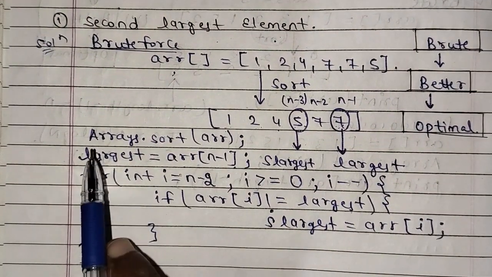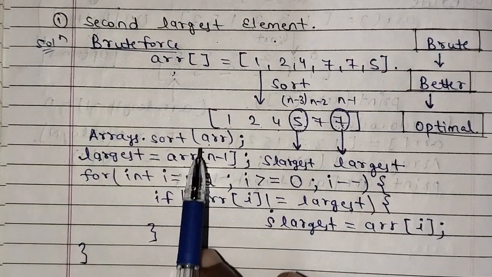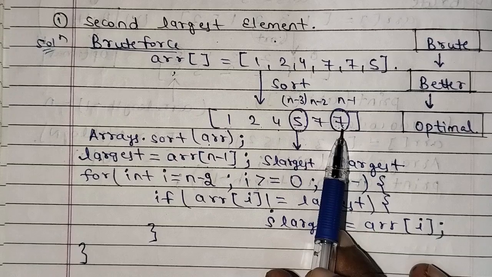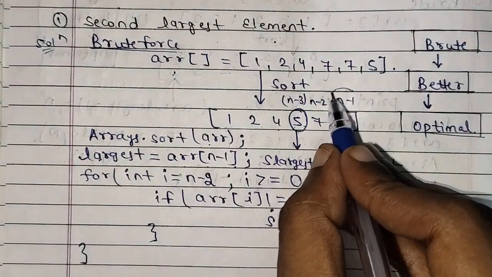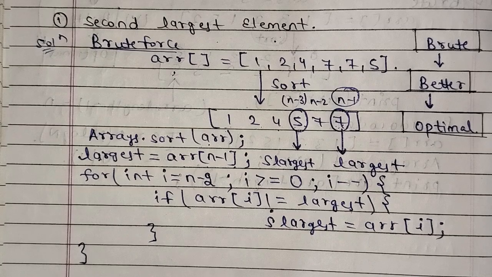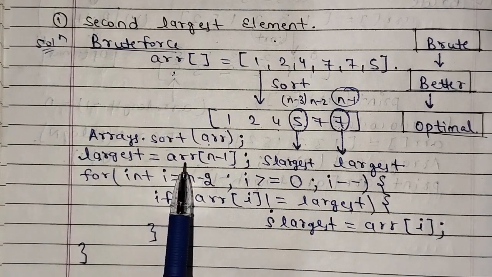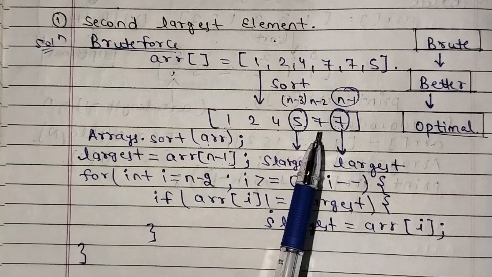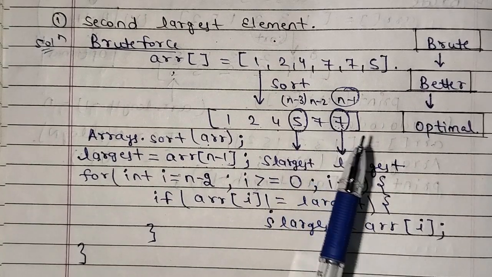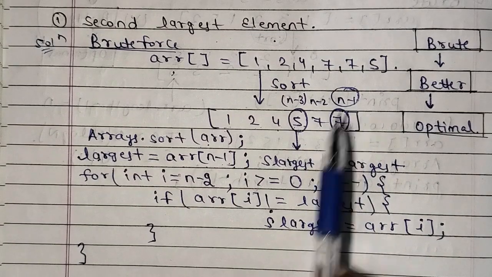First of all, we sort this array, and then the largest element in any sorted array is always present at the n minus 1th index. So we declare largest equal to arr of n minus 1, because the largest element is always present in a sorted array at the n minus 1th index.